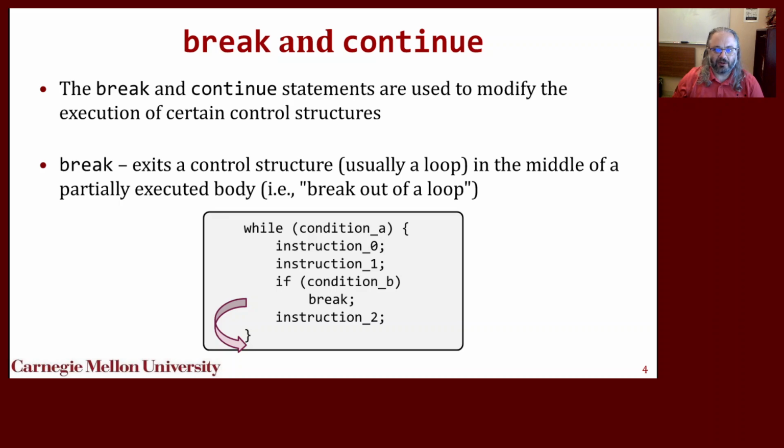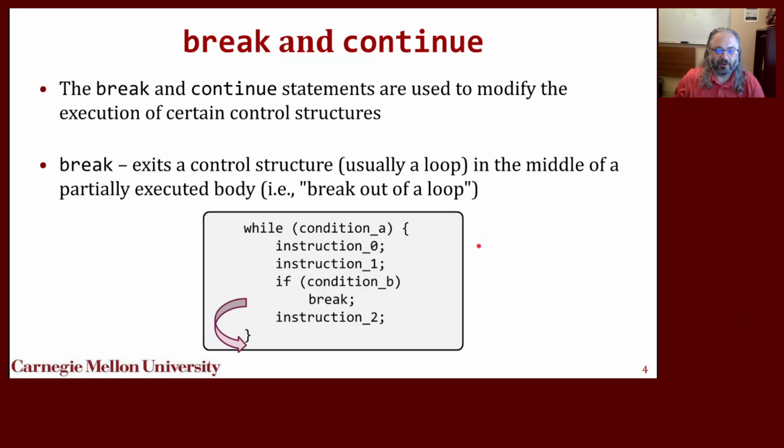Now, the break instruction is used often, but not always, inside of a loop, but used essentially inside of a block of code. And what the break instruction is going to do is it's going to essentially abandon the block of code and go to after that block of code. So if it's in a loop, this is quite literally breaking out of the loop.